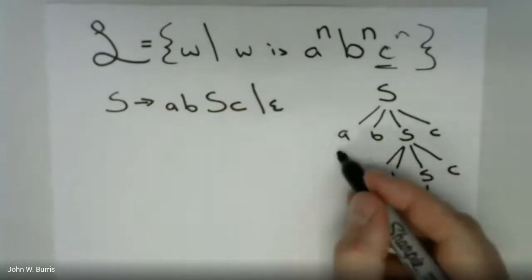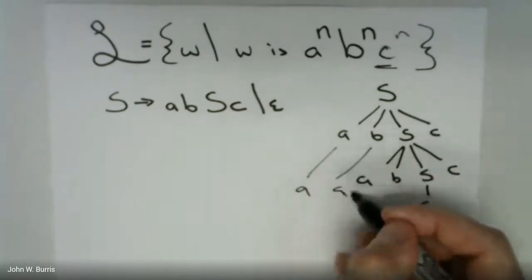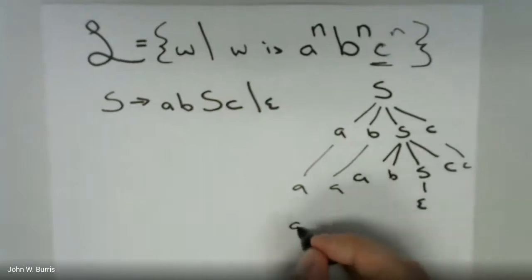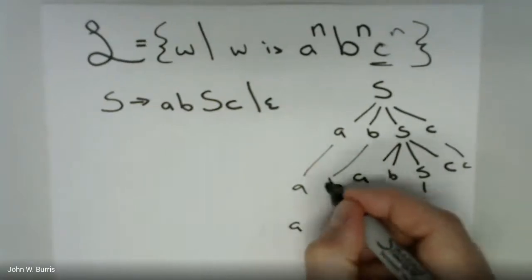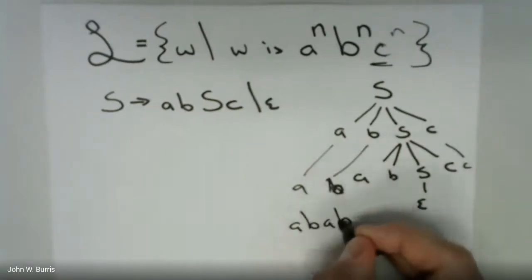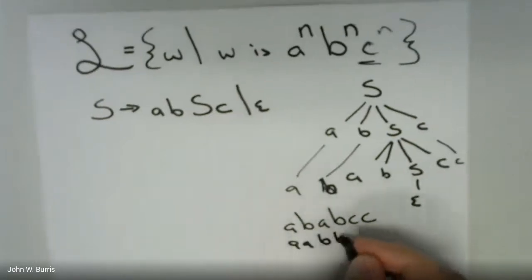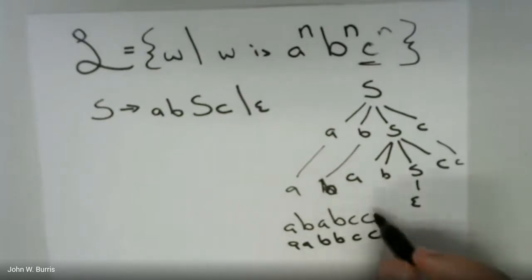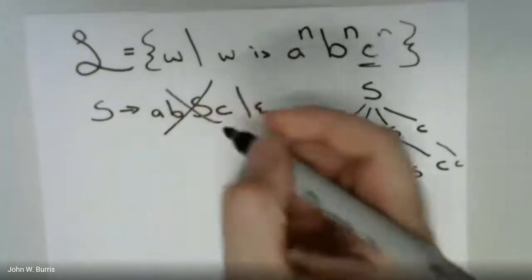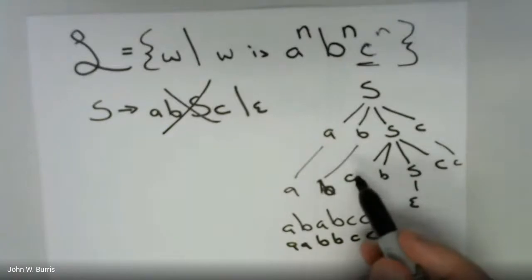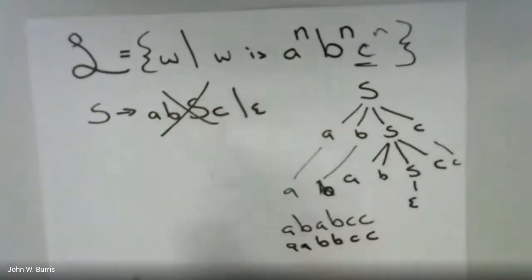Let's figure out what string this is. Sorry, this is A, B, C, C. That's not in the language L. It needs to be A, B, C, C in the right counts, and this put the A's and the B's out of order, so it didn't work.